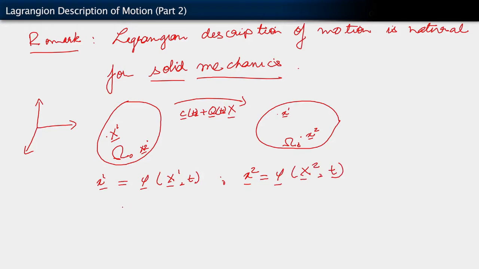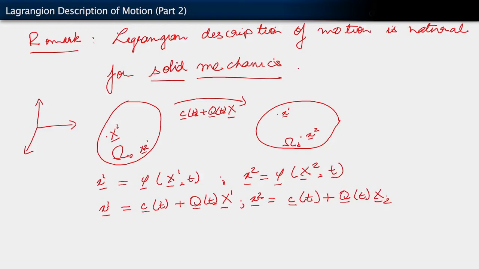But then little x1 is c of t plus q t X1, and x2 is c of t plus q t X2.